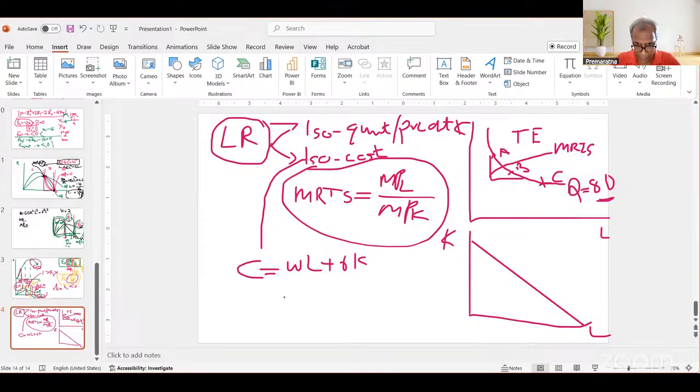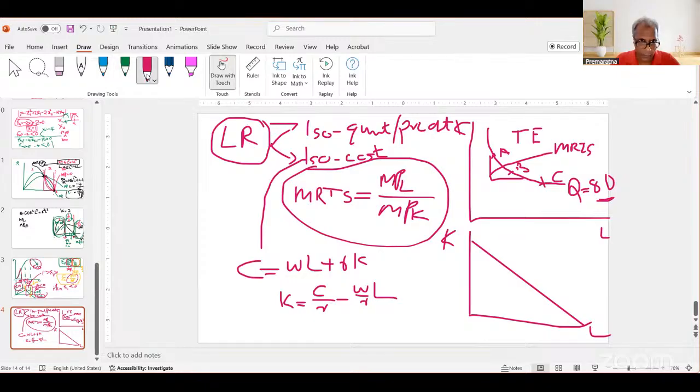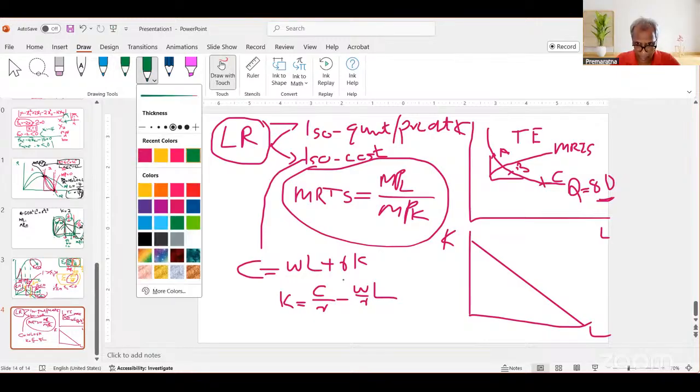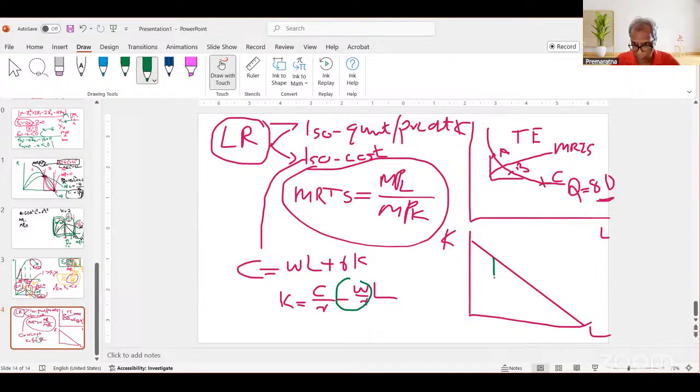So we can rewrite the equation as K equals C divided by R minus W divided by R times L. There you see we get a negative slope, W over R.